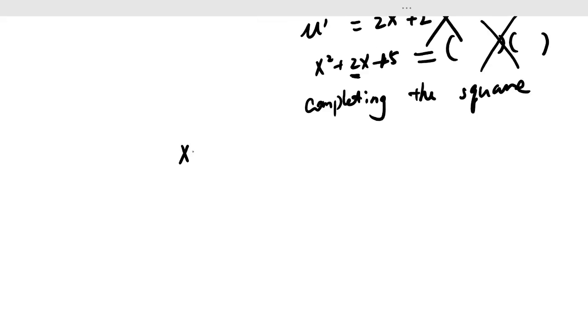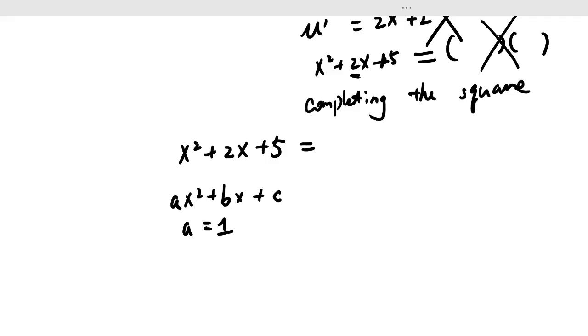So that's x squared plus 2x plus 5. Let's see how to complete the square here. The leading coefficient a is 1, so I'm not going to write it; that's going to be ax squared plus bx plus c. We are looking for b divided by 2, squared.